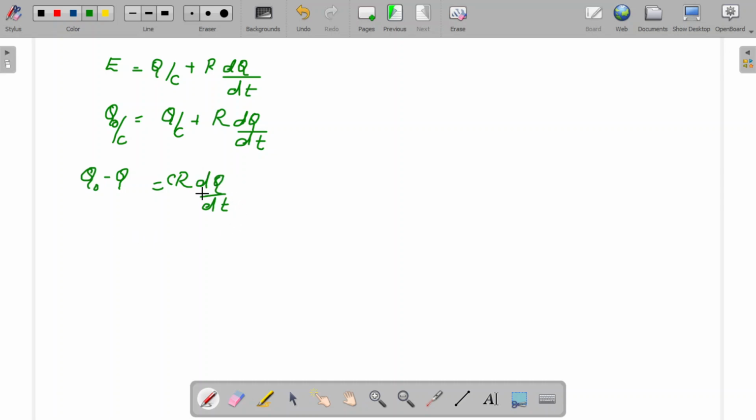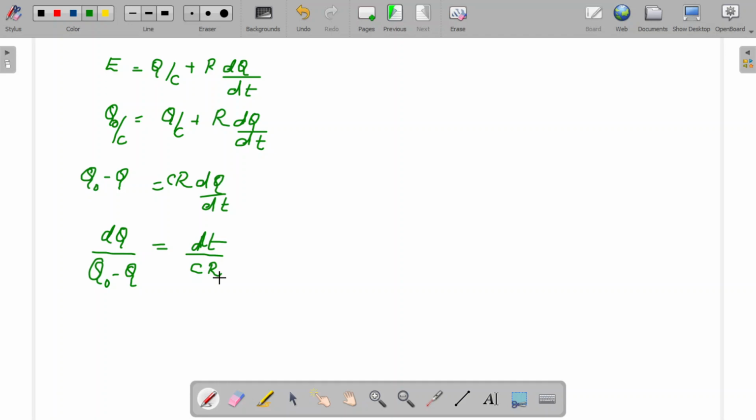What I will keep on the left hand side is dq divided by Q0 minus Q, and it is equal to, I bring the CR and dt to the other side, so I can write it as 1 by CR into dt.